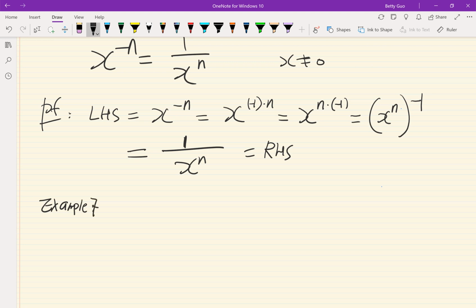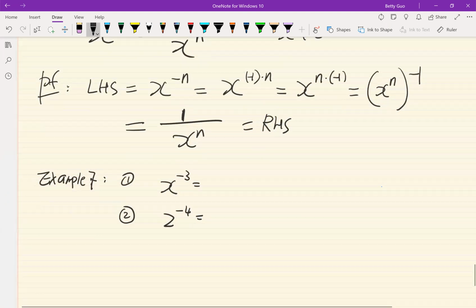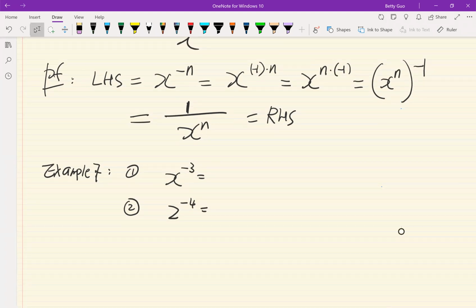It's going to be example 7. We have 7 formulas in total, so 7 examples. Let's see the first one, evaluate. Let's start from the easy case. The first one, x to the power of -3.